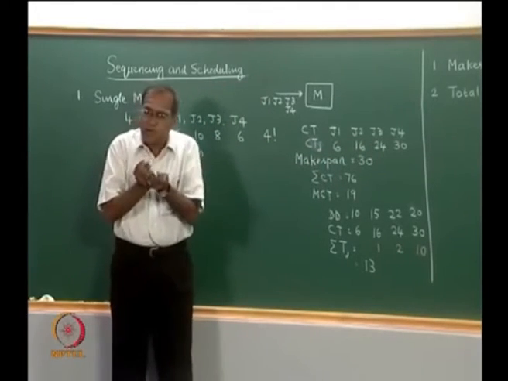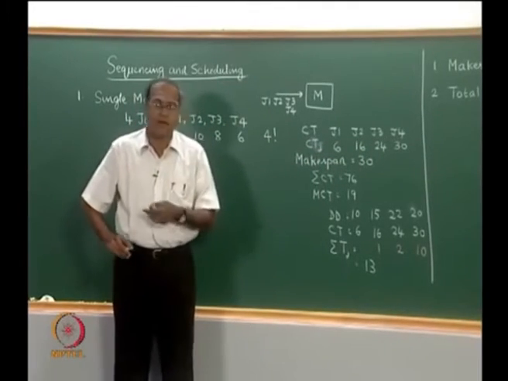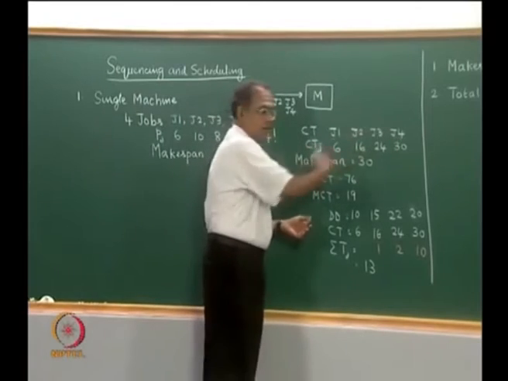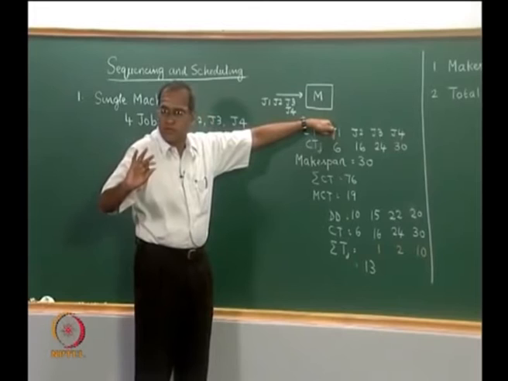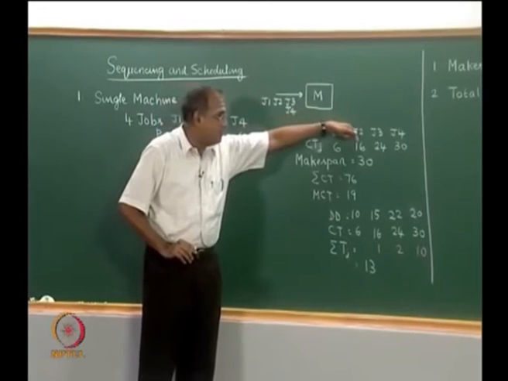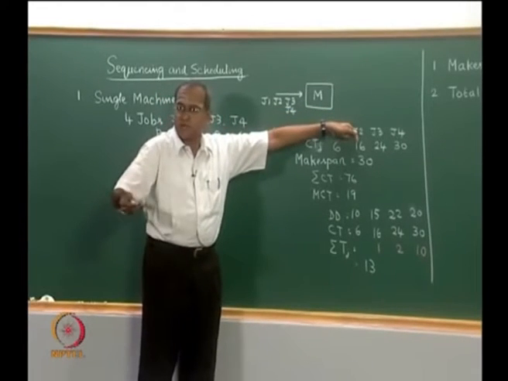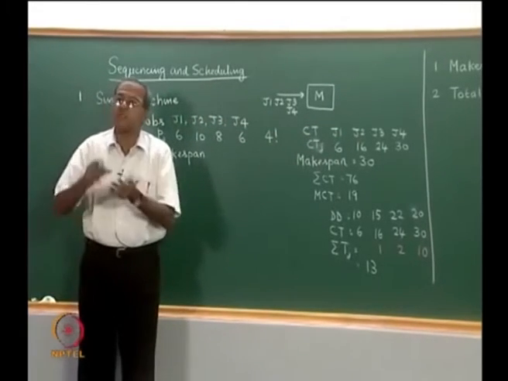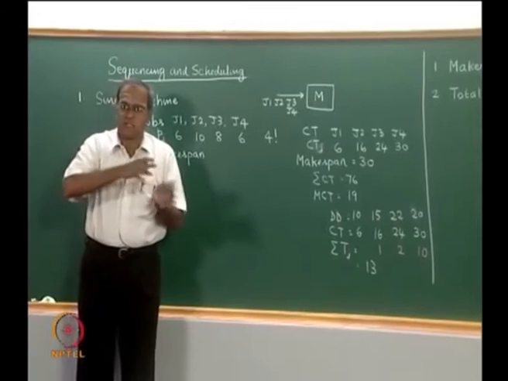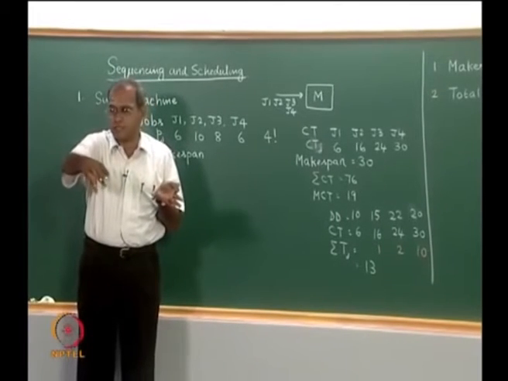So if we want to minimize the sum of completion times, whatever we choose first is going to contribute 4 times, whatever we fix second is going to contribute 3 times, and so on. Therefore it is correct that we choose the smallest first, which contributes in all 4 completion times.